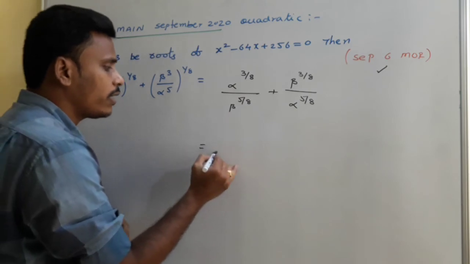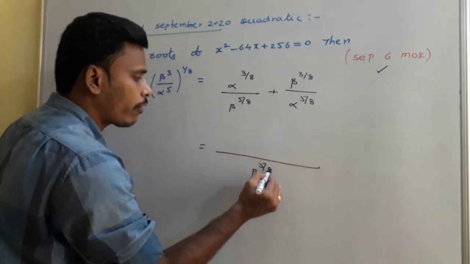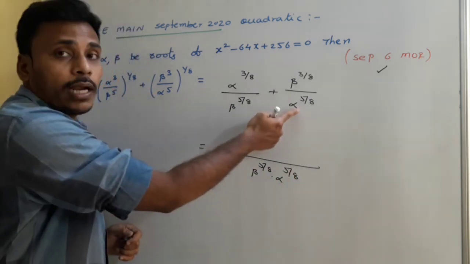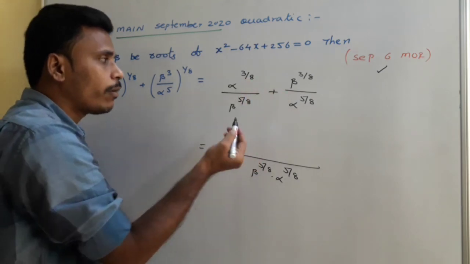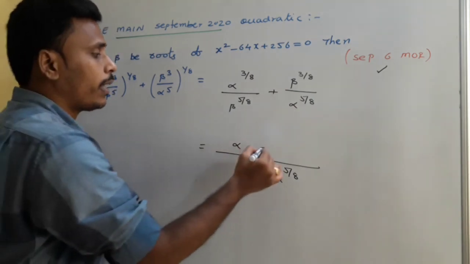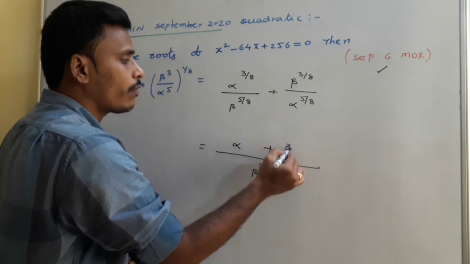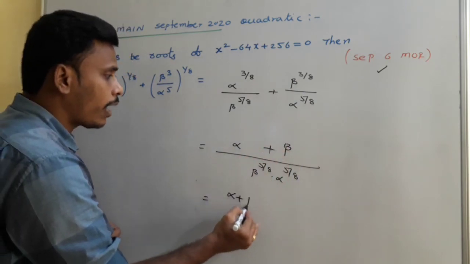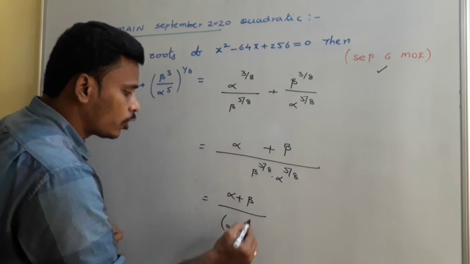When you calculate the LCM, product of these two is in the denominator, beta power 5 by 8 into alpha power 5 by 8. And then when you multiply this alpha power 5 by 8 with this alpha power 3 by 8, it will become alpha because sum of the powers is 1. Plus when you multiply this beta power 5 by 8 with this beta power 3 by 8, it will become beta. So at the end what I have is simply alpha plus beta divided by alpha beta to the power 5 by 8.